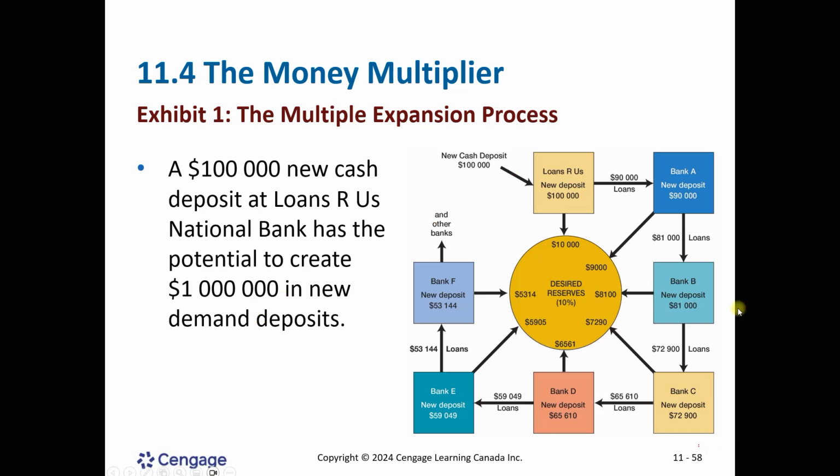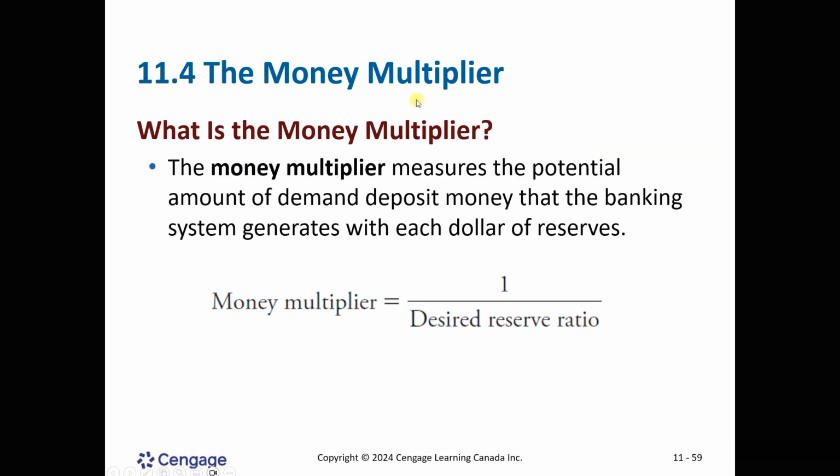Out of thin air, it's just created by that process, and you have an extra $1 million in the economy. So this is what we mean by the multiple expansion process, and that takes us to the concept of the multiplier effect. You deposit 100,000, it is multiplied, and you end up with $1 million in the economy.